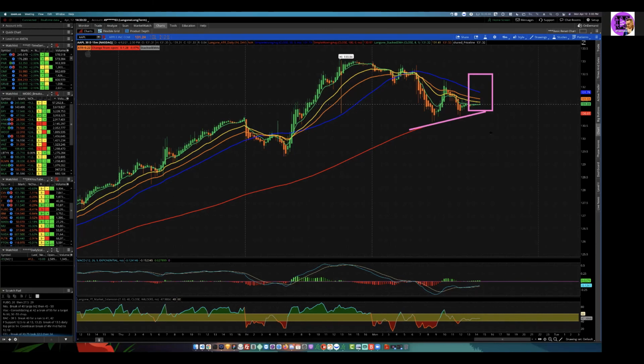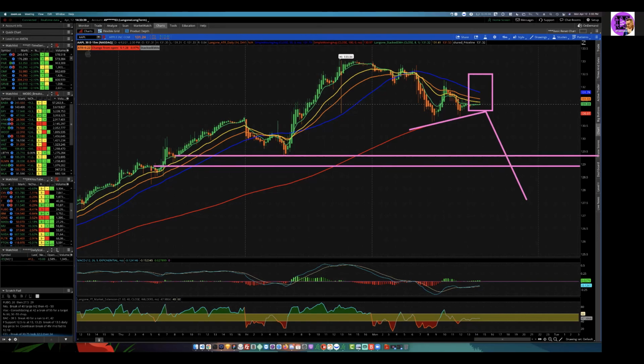So one of two things can happen with Apple. It can follow what the Dark Pool Algo is doing, right? Fade off to a previous level of support, wherever that may be. Right?